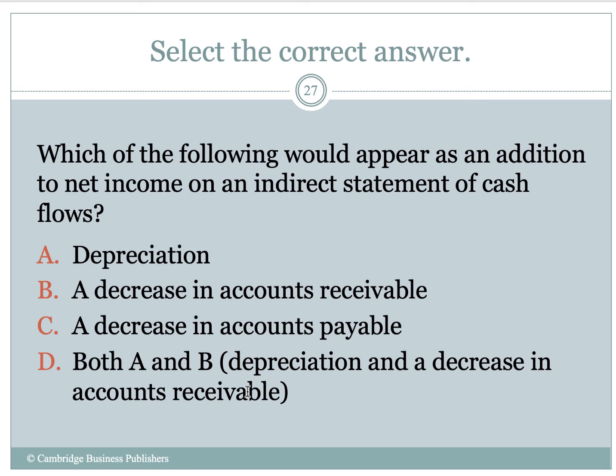A decrease in accounts receivable. Well, as our accounts receivable goes down, what happens to our cash? Our cash should go up. So the answer is actually D, both A and B. Think about accounts payable. What happens to accounts payable is we pay them. Well, we're using cash to pay those accounts payable. Okay?